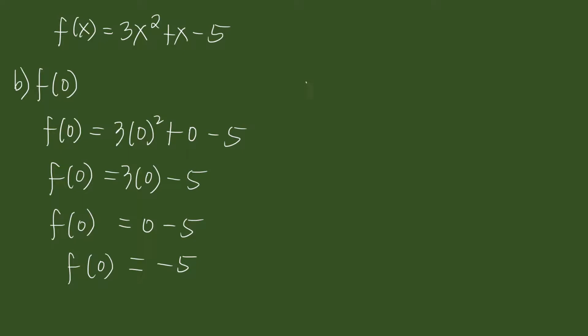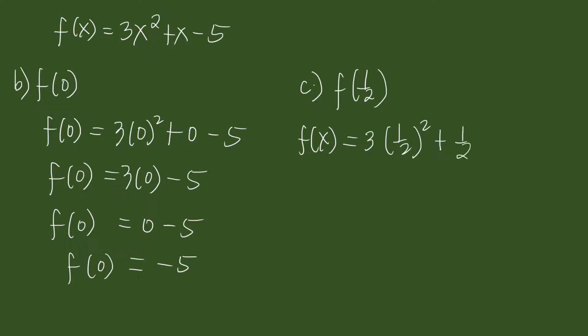So let's say we have letter C. This time, let's say we have f of 1/2. So using our function, we process our input x, which is 1/2. So we have f of x equals 3 times 1/2, and we square that, plus 1/2 minus 5.